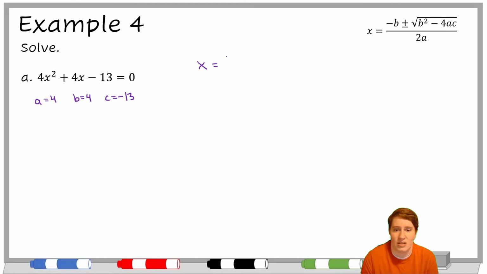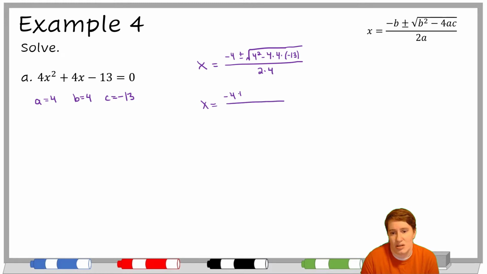So x equals negative b, so negative 4 plus or minus square root of b squared minus 4 times a times c all over 2a. We don't do anything with that negative 4 because it's just a negative 4. 2 times 4 on the bottom is 8.